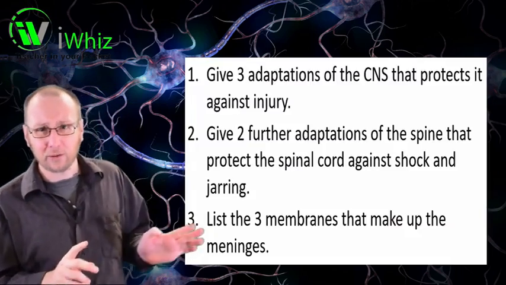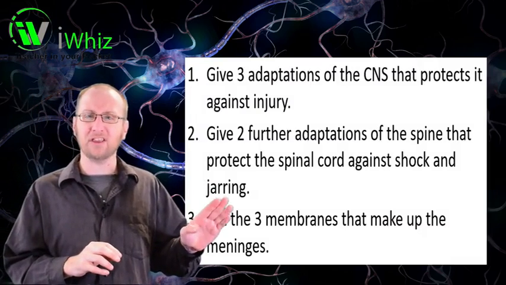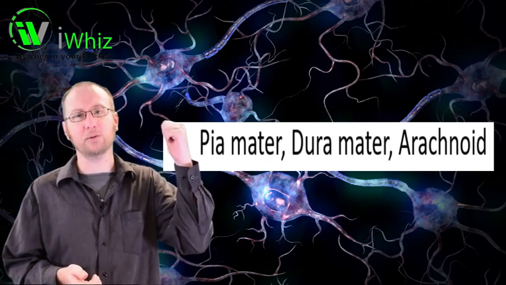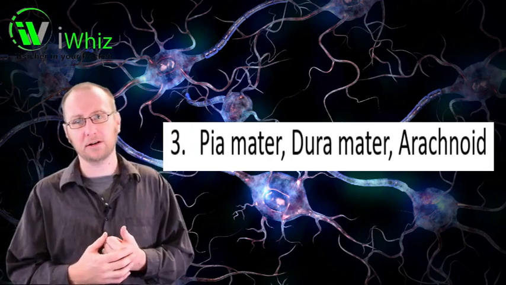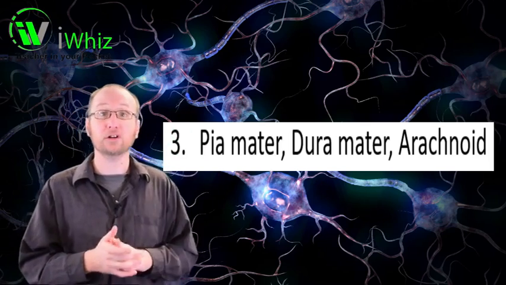Then the last question, number 3, list the 3 membranes that make up the meninges. We have the outer layer, which was the dura, the middle layer, which is the arachnoid, and then the inner layer, which is the pia mater.